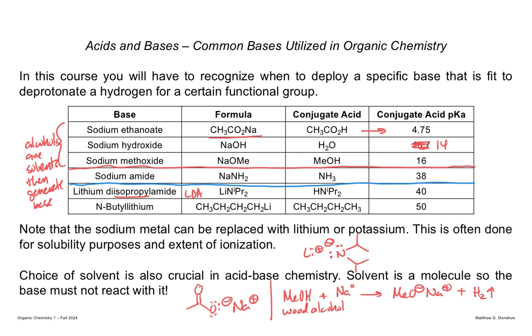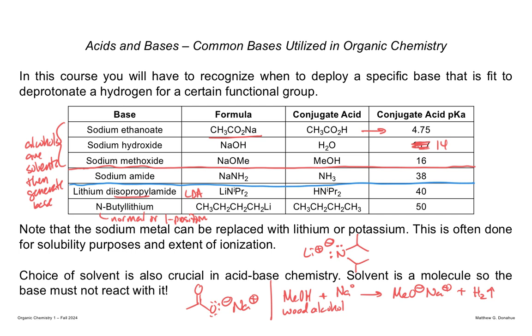And so at the top of the food chain here is n-butyllithium. N stands for normal, which basically means it's the one position on the chain. That's another nomenclature thing we'll talk about.